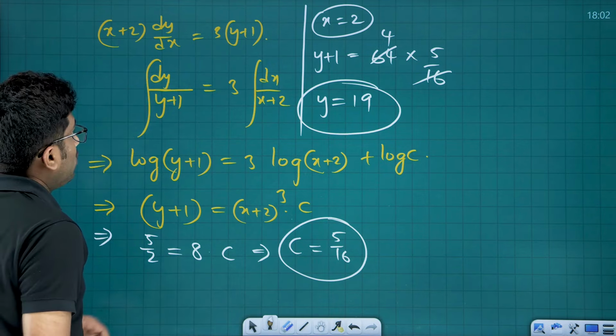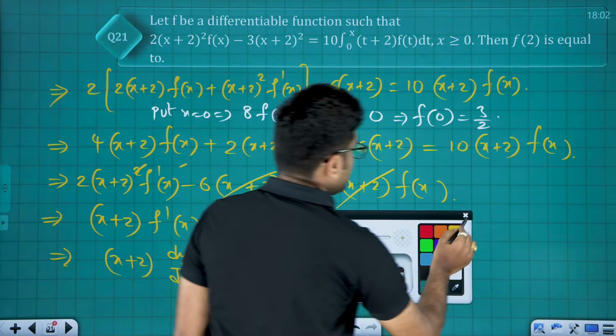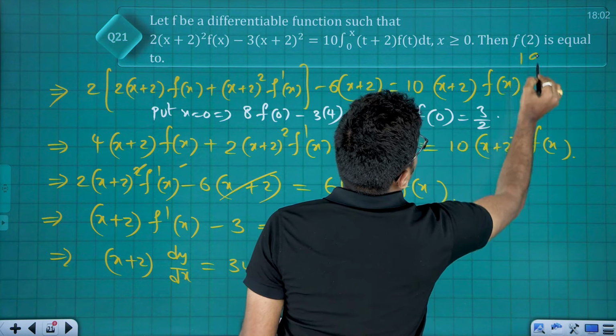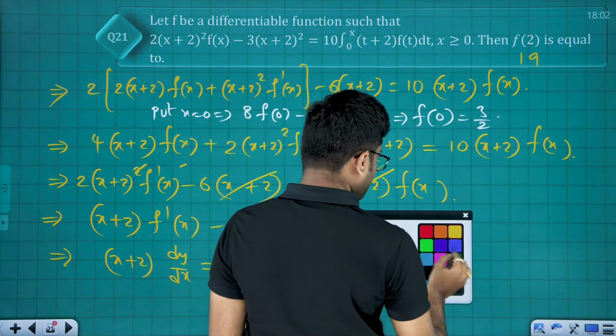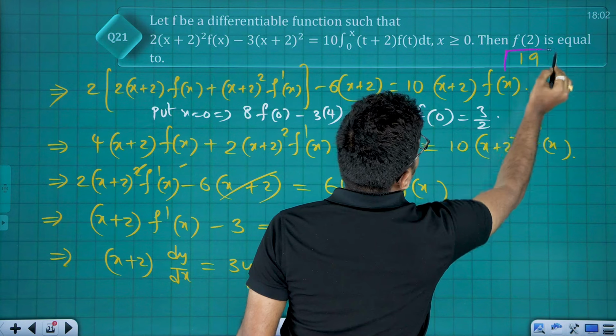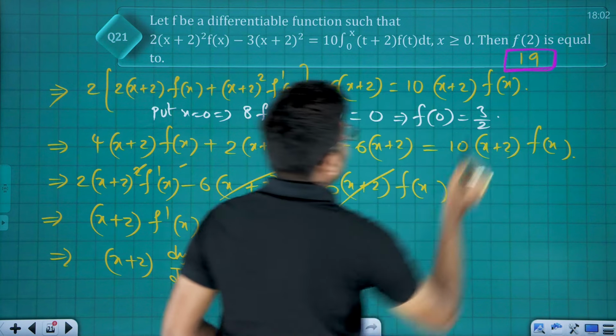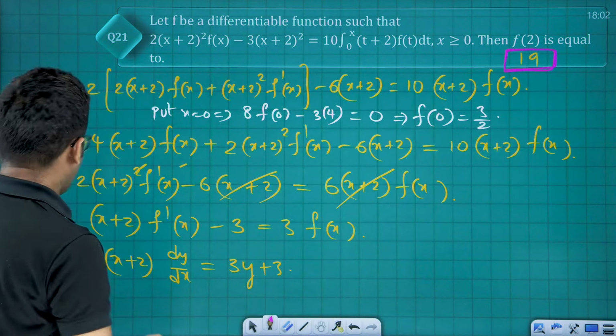So clearly the value of y is 19. As this is a numerical type, the answer is 19. Next question.